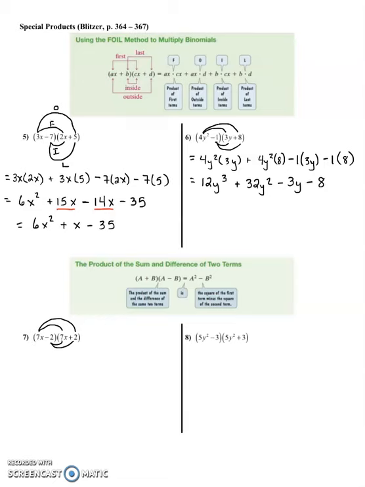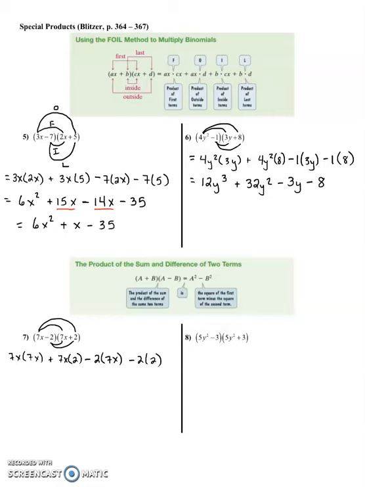And when we do that, we get 7x times 7x plus 7x times 2 minus, now we're on the inners, so minus 2 times a 7x, and then minus a 2 times a positive 2.